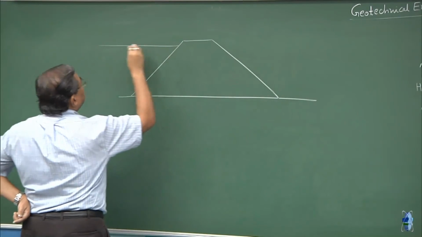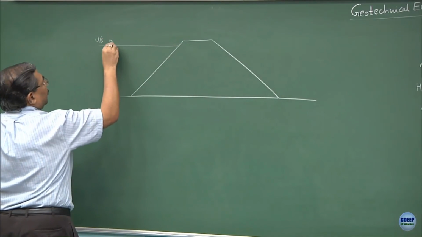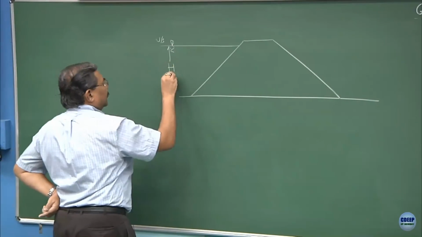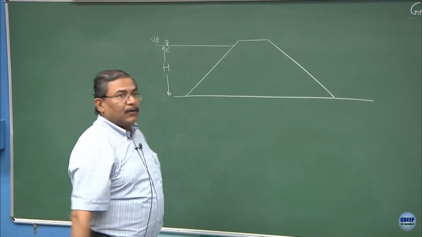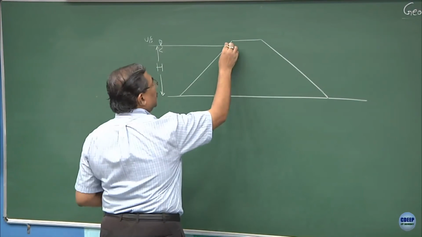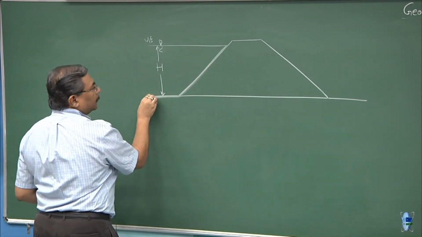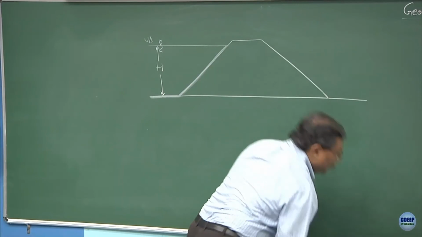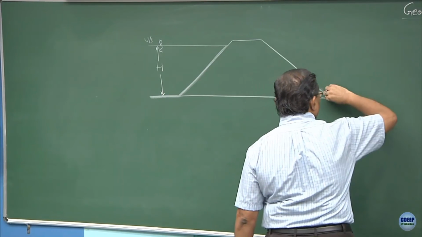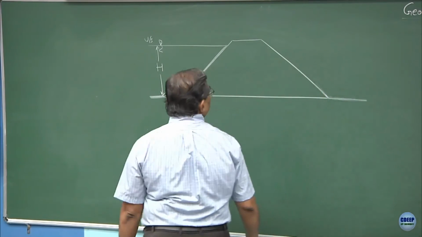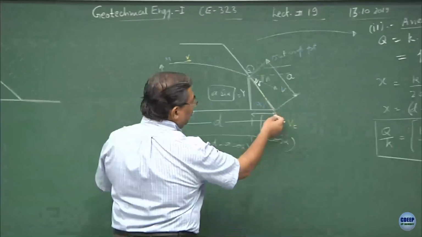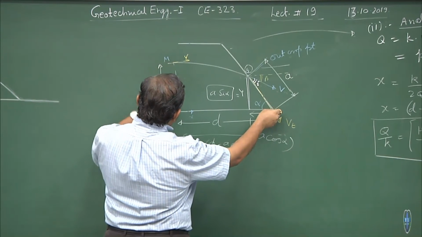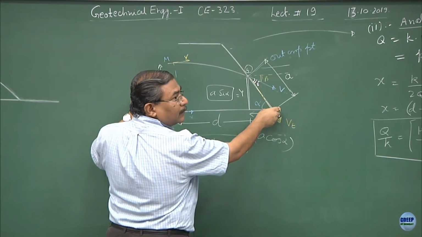This is the upstream side of the water of height h, okay. This is the equipotential line, and this side is also an equipotential line from the end point to the point where I have taken y equal to h, alright.